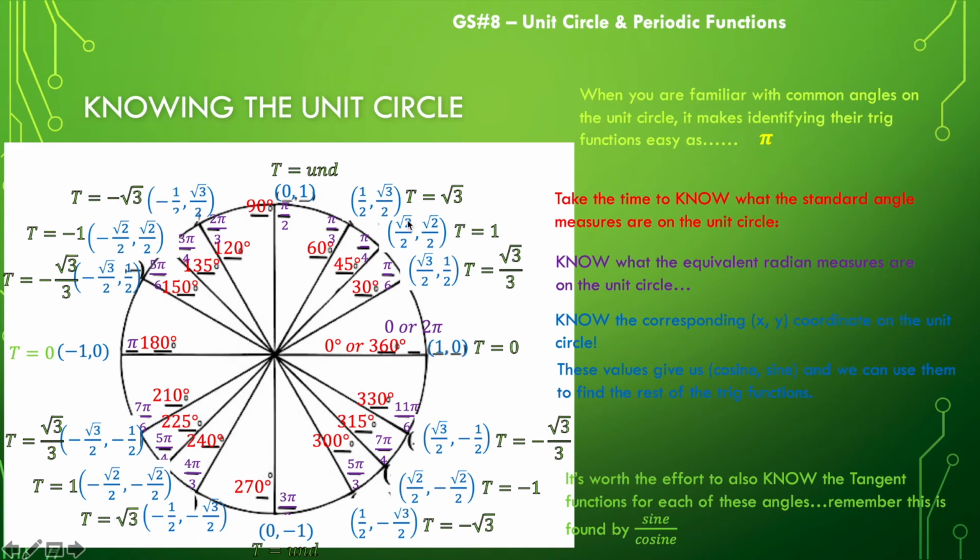And each of those 45-degree angles has a tangent of 1, either positive or negative. Your quadrantal angles on the xy axis will either be undefined or 0, depending on what the coordinate is in the denominator. Okay, so take some time and memorize the unit circle.